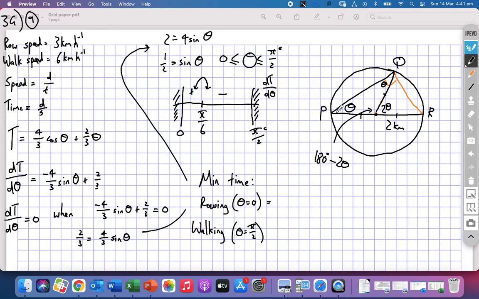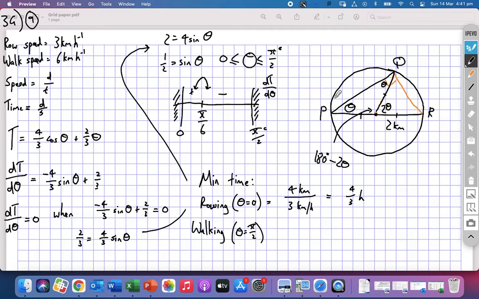Like if we're rowing the whole way, we're doing a distance of 4. We could just go straight to saying the distance is 4 kilometers, right? The speed is 3. I don't actually need my fancy time equation. Done.